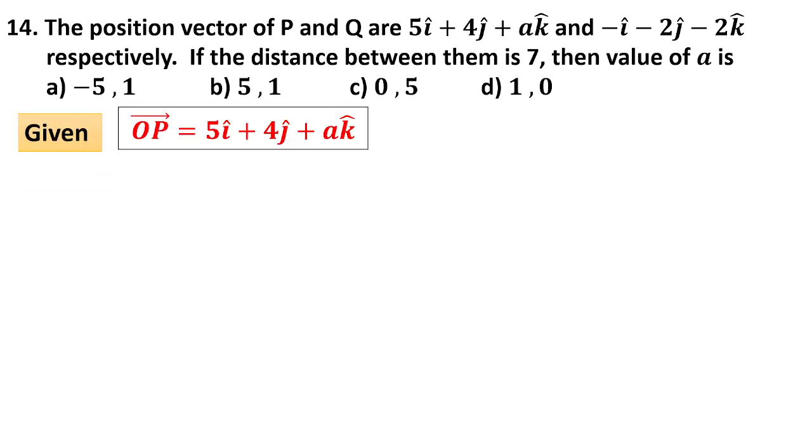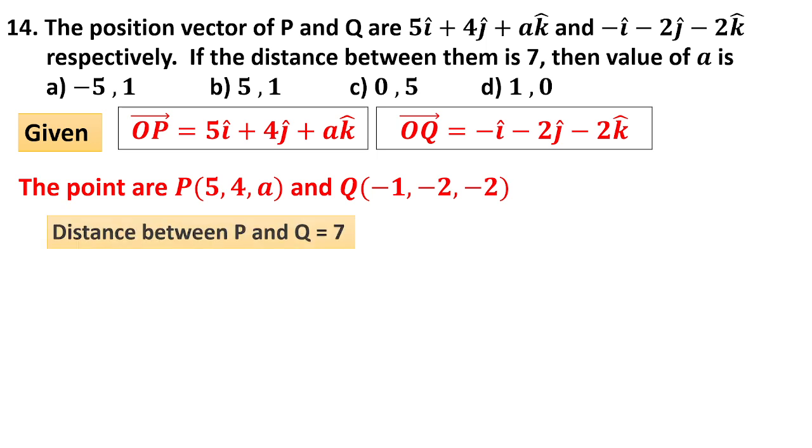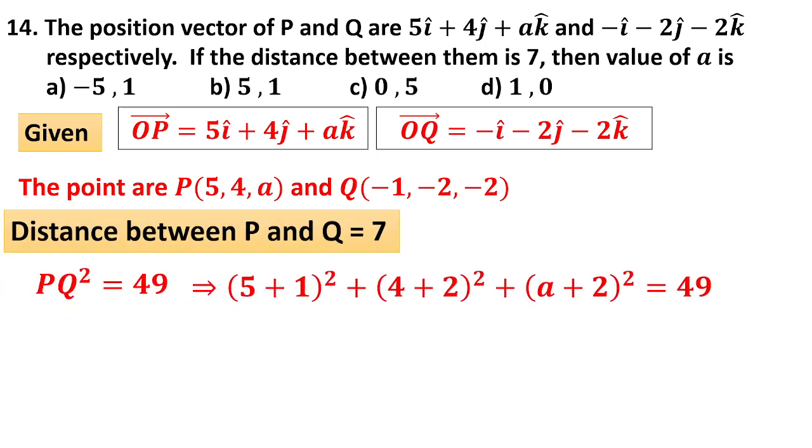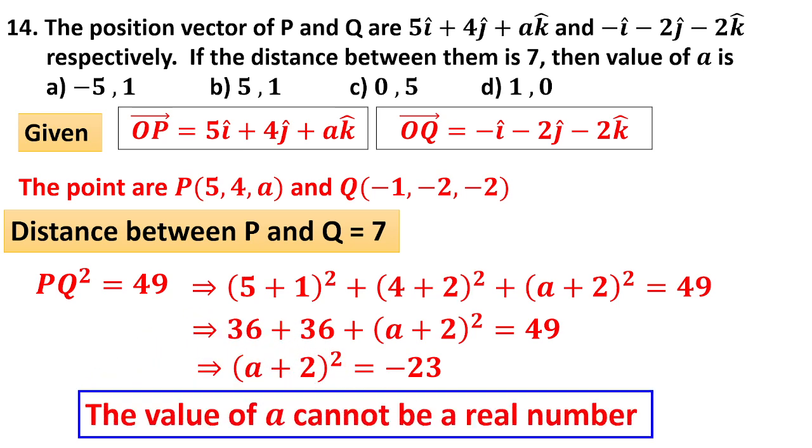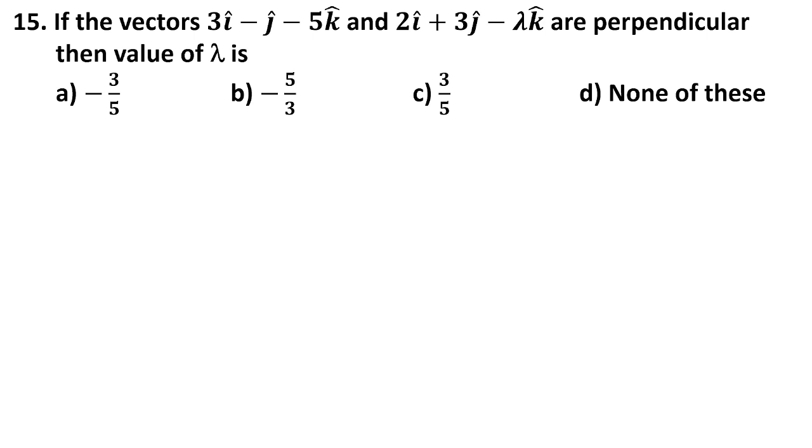Let us find the distance using the distance formula. It is given that PQ is equal to 7, so PQ square is 49. But when I find it, what really happens is A plus 2 whole square is minus 23. Therefore, there is no option available. Suppose if an option is given like not a real number, no such value, then you have to choose that option. Question number 15.